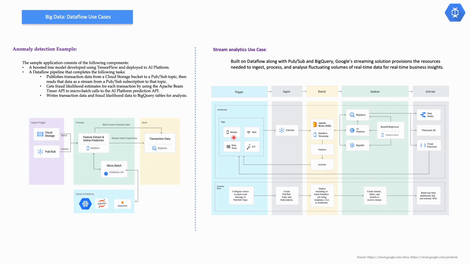There are a lot of Beam SDK scripts which give you templates for how to get data from Pub/Sub and push it to BigQuery. You can automatically use all of those templates, and just insert your transformation logic, and you're good to go. So I hope this helps in terms of understanding where Dataflow comes into the picture.